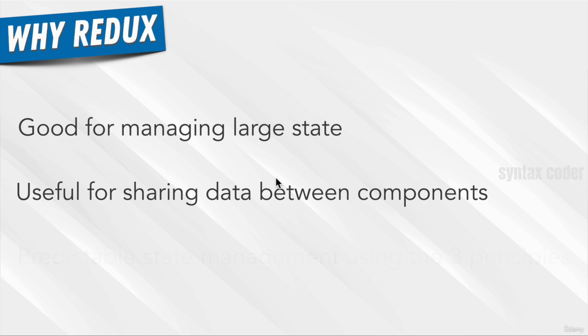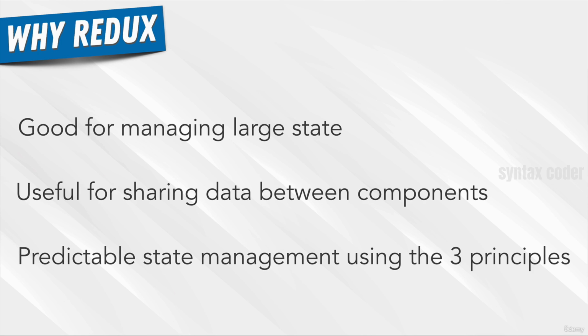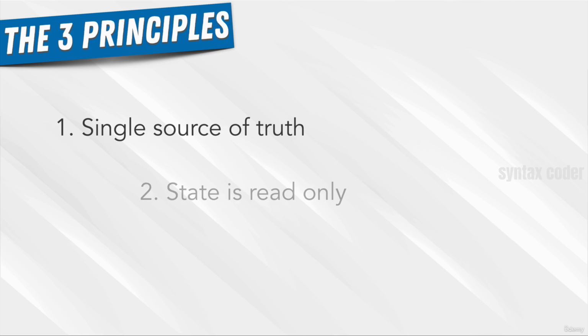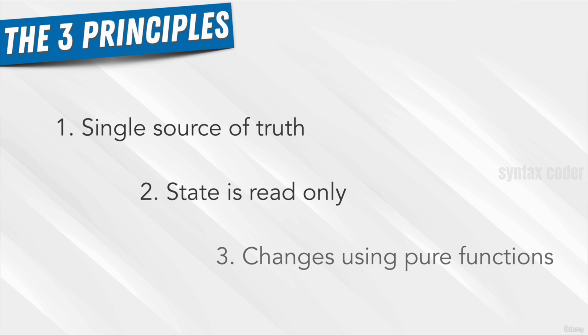And finally, Redux has predictable state management using the 3 principles. Now, what are the 3 principles? These 3 principles in Redux are going to really, really make sense at the end, but I want to still introduce them to you so that we're aware of them. The first one is the idea of single source of truth.